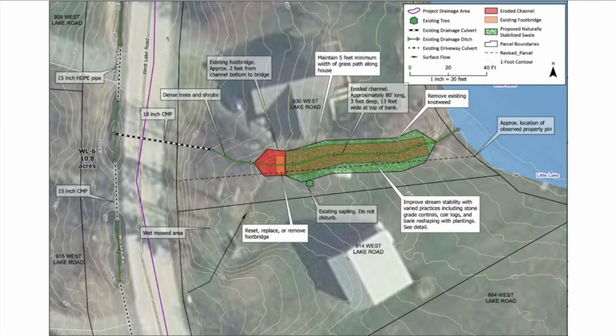So I just wanted to point that out. It appears to fall on 930 Westlake Road, but 914 Westlake Road is certainly involved, and maybe even some of the equipment access it would seem would be best down this way from 914 Westlake Road.